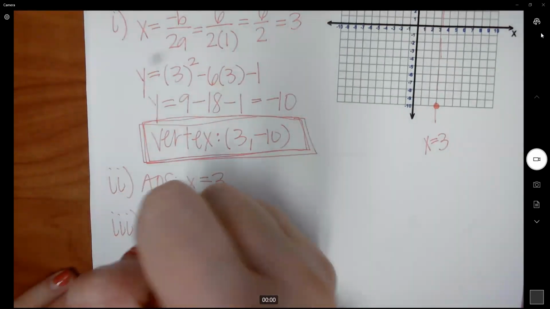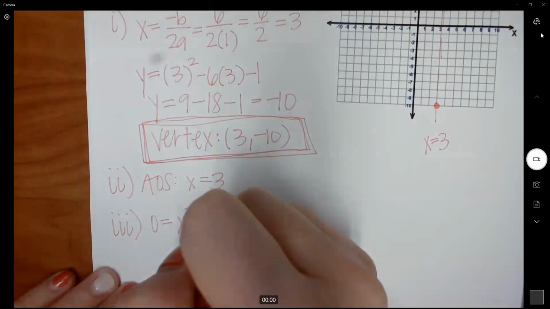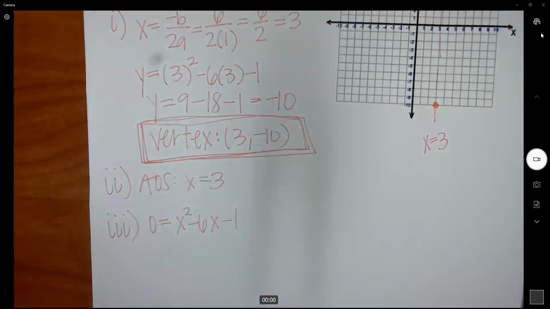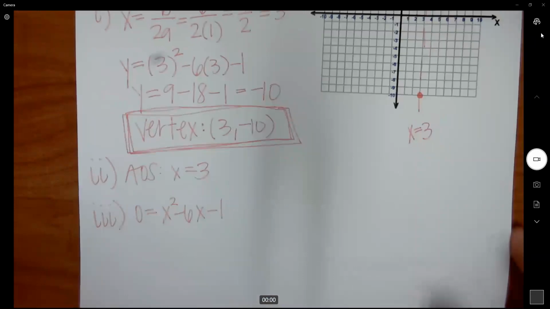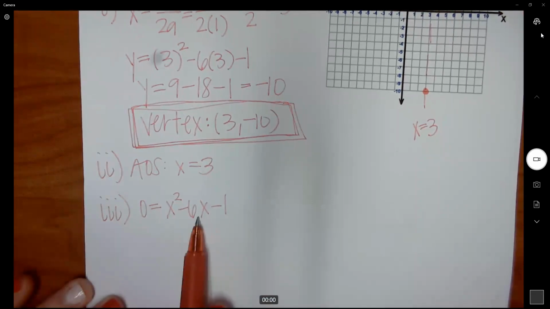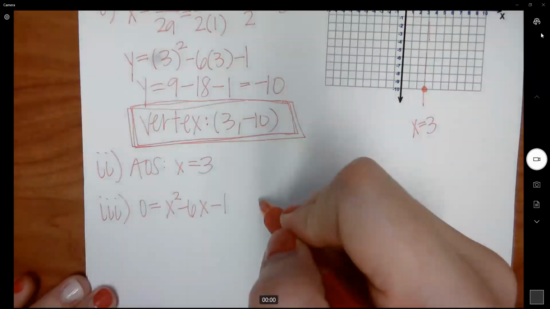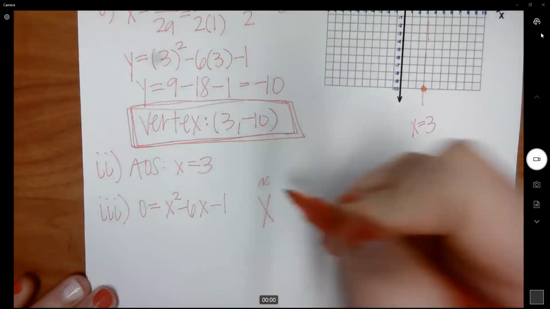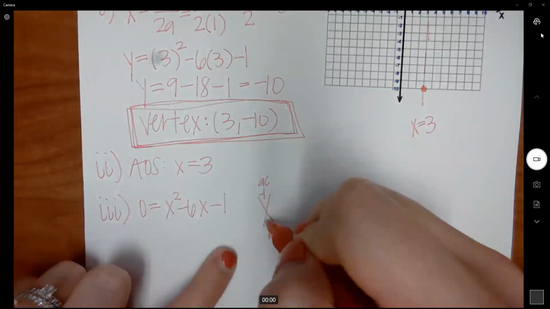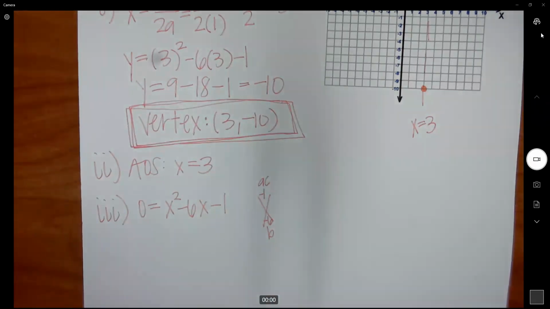So I've got 0 equals x squared minus 6x minus 1. I always like to start with trying to factor. I can't use the square root property because I have a middle term here. But if I try to use factoring, my a times c is 1 times negative 1, and my b is negative 6.